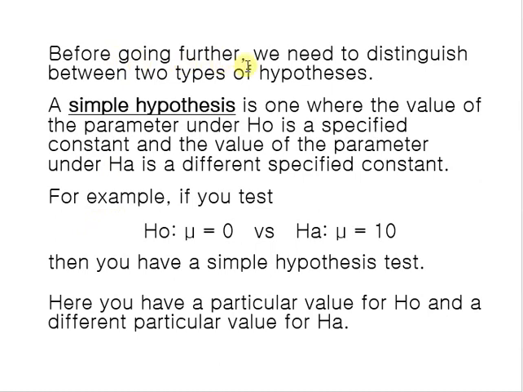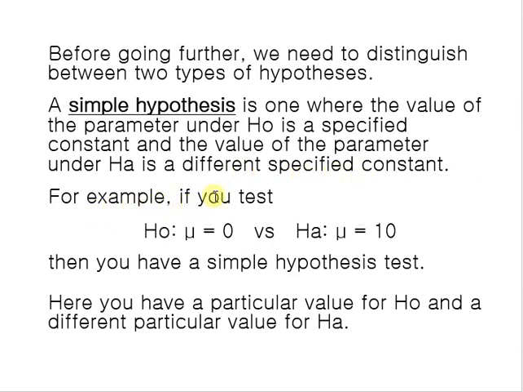Before going further, we need to distinguish between two types of hypotheses. A simple hypothesis is one where the value of the parameter under H null is a specified constant and the value of the parameter under H alternative is a different specified constant.